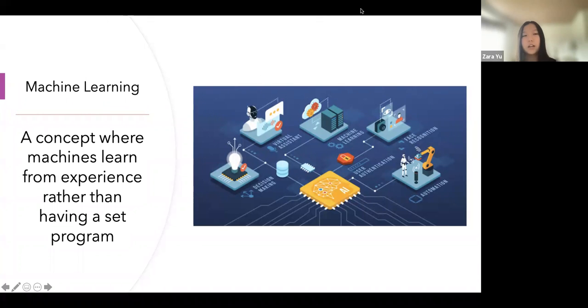So the machine obviously has to conduct its own data analysis because it has to process the data that is being given, and it has to use that data to get information on what it's supposed to do. For example, with a Google Home or an Amazon Alexa, whatever commands you give it, it'll process it.